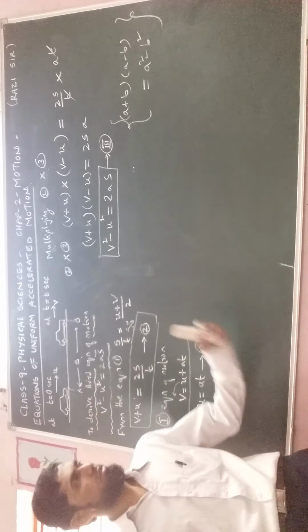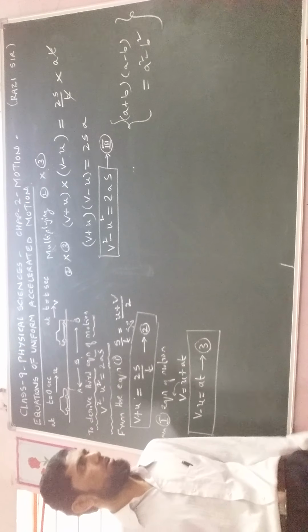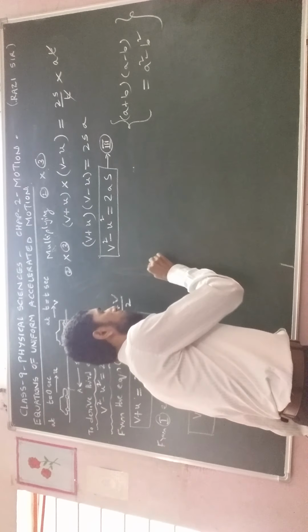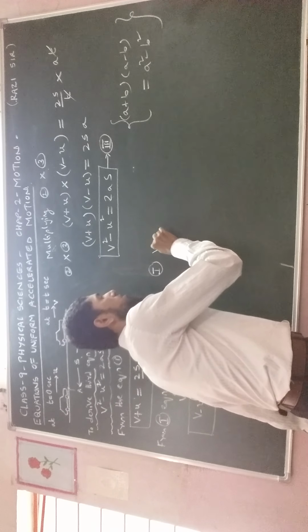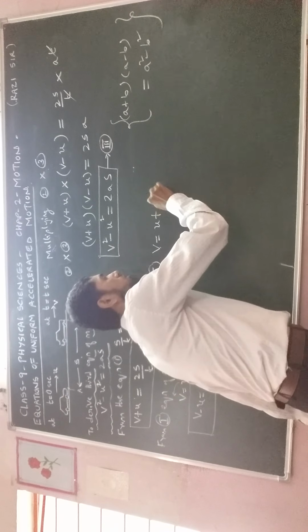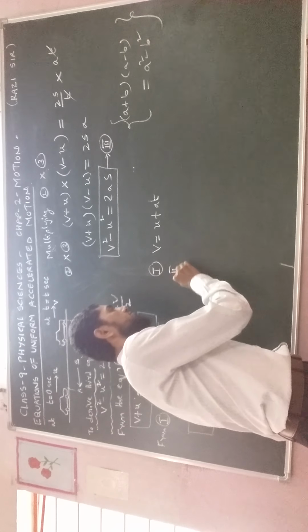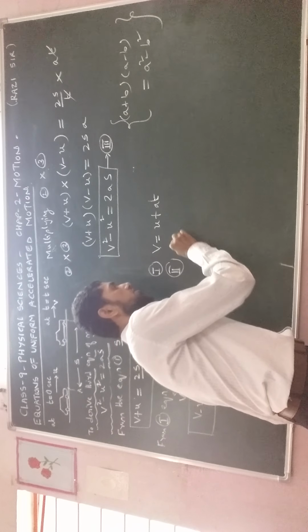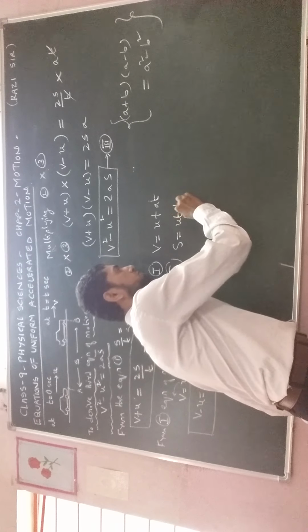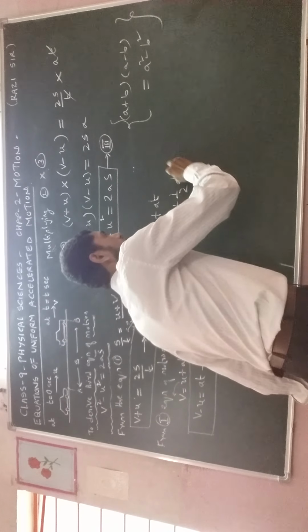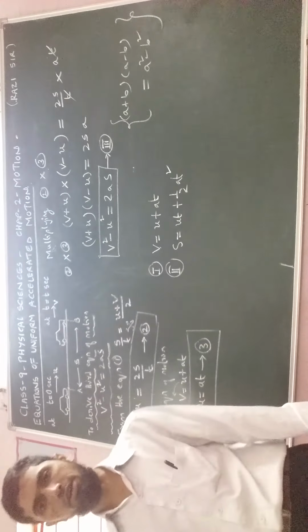Now let us recall the three equations of motion that we have derived. The first equation of motion is v equal to u plus at. The second is s equal to ut plus half at square.